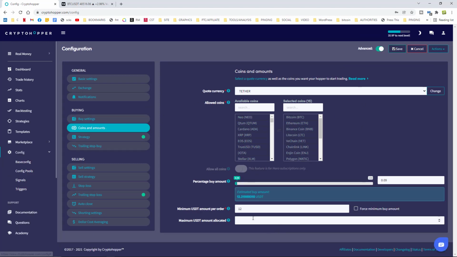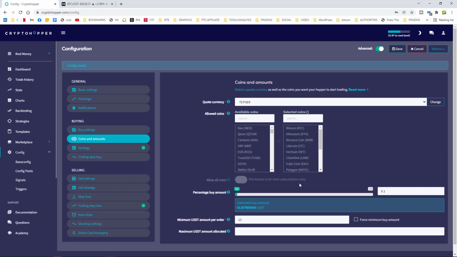Yeah, I've got it set to $12, which is 0.09% of my total fund. I type 0.1. Yeah, it'll bump that up to $13. Just change that there. Alright, save that.